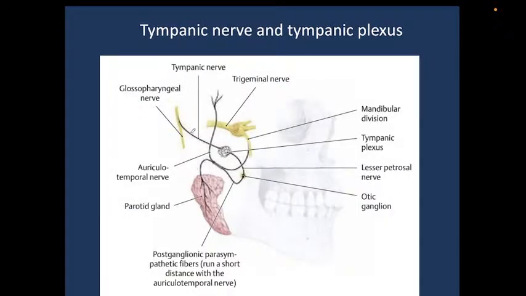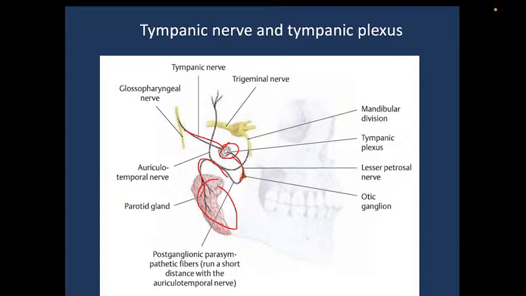You see here, this is the tympanic nerve. It forms the tympanic plexus, innervating the mucosa of the tympanic cavity. Then the lesser petrosal nerve reaches the otic ganglion, and postganglionic fibers innervate the parotid glands.